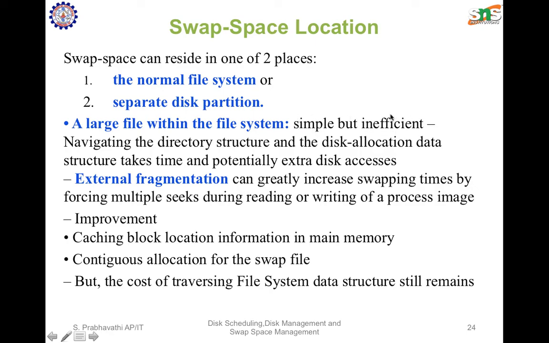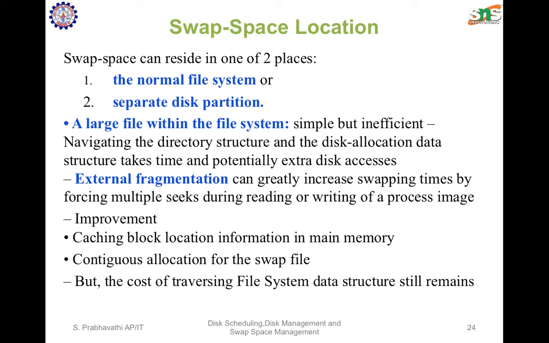Inefficient in the sense, navigating the directory structure and subdirectories to get the pages from the swap space takes some time. Okay, so that's what we are saying, that file system, though it is simple, it is inefficient because navigation takes some time. And again, in file system there will be external fragmentation.